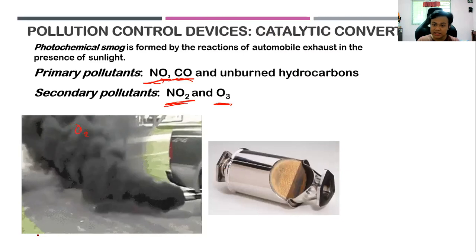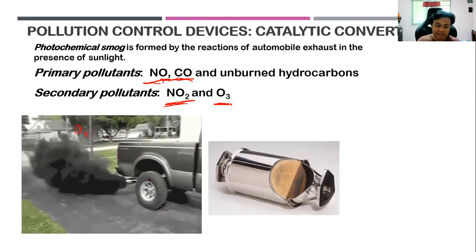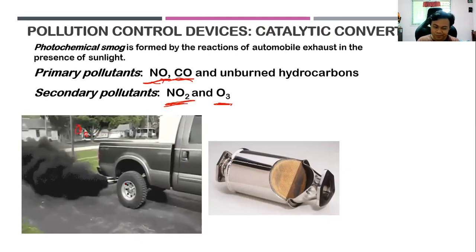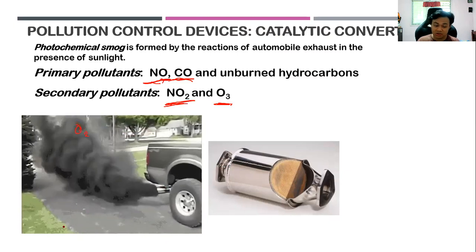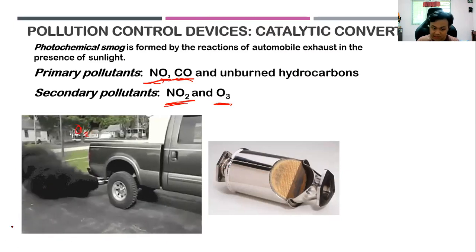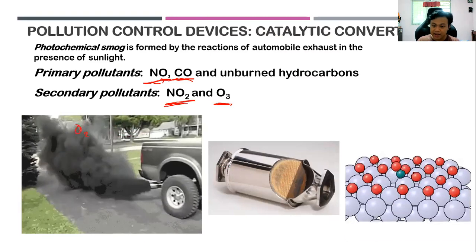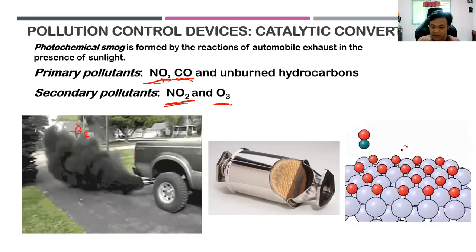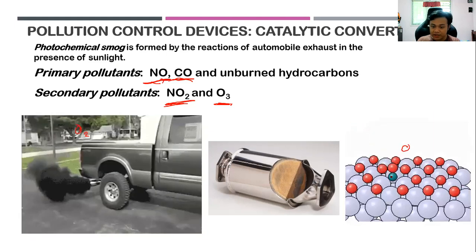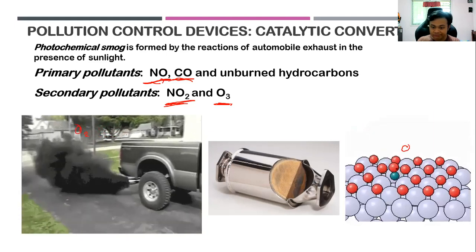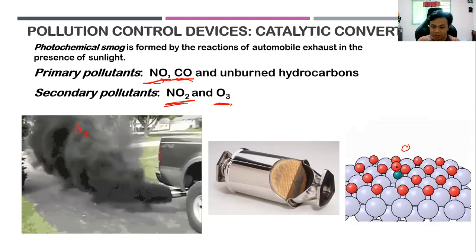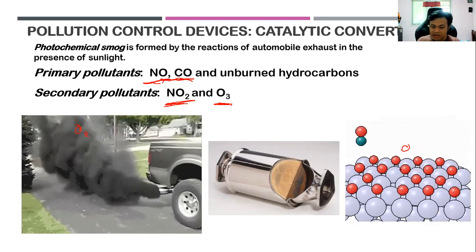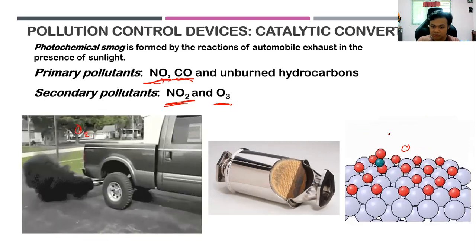So what we do is we put catalytic converters in our tailpipe, our exhaust. What does it do? Inside, it is embedded with elemental oxygen. For example, this floating molecule here is the carbon monoxide. It reacts with the elemental oxygen here to form CO2.